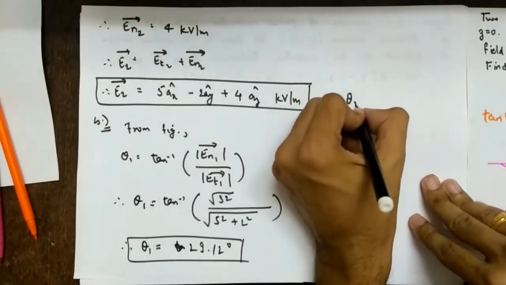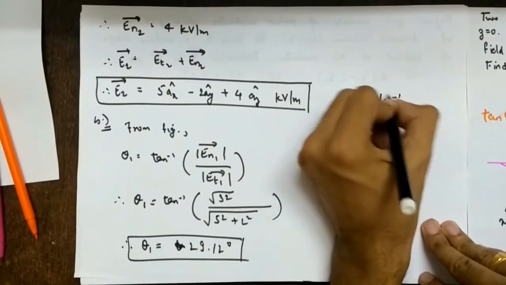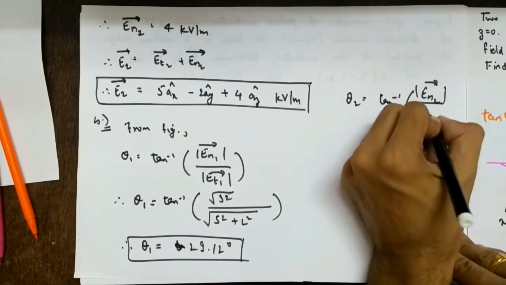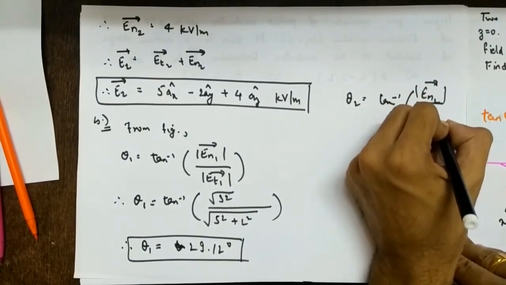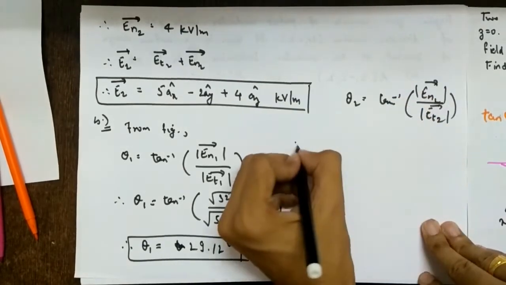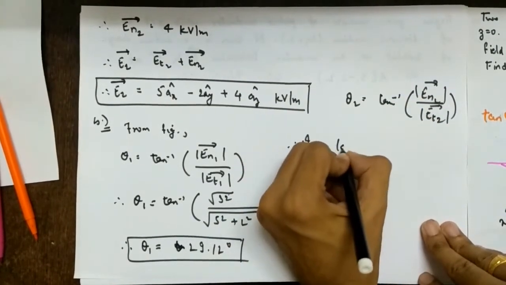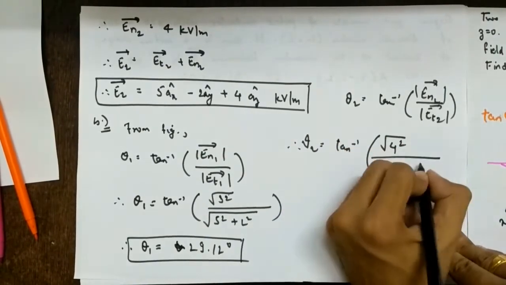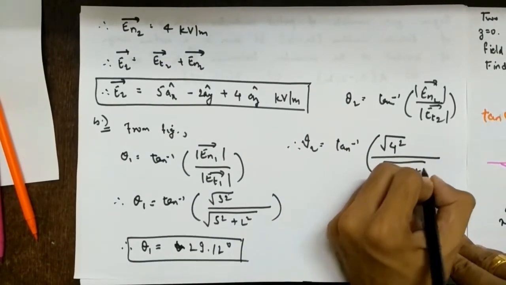Similarly theta 2 will be what? Tan inverse of En2 vector upon Et2 vector. So therefore theta 2 equal to tan inverse square root of 4 square upon square root of 5 square plus 2 square.